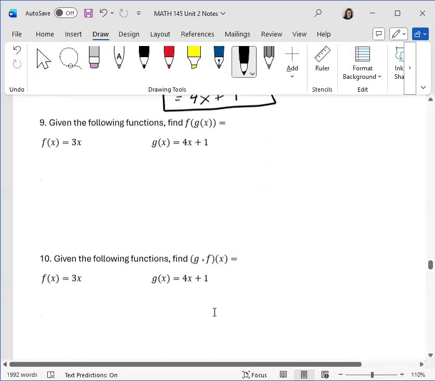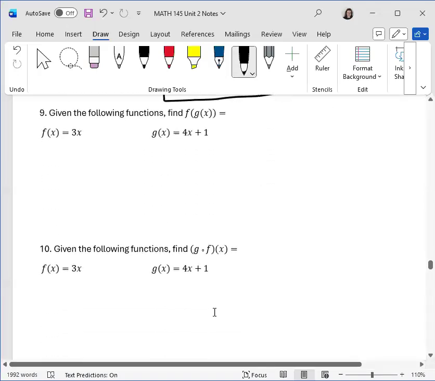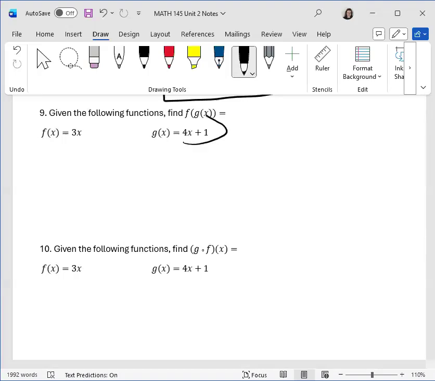Okay, the next example, I am substituting g of x's expression, which is 4x plus 1, for g of x. So this is going to leave me f of 4x plus 1. Now this is asking me to substitute the expression 4x plus 1 in for x in f's function.